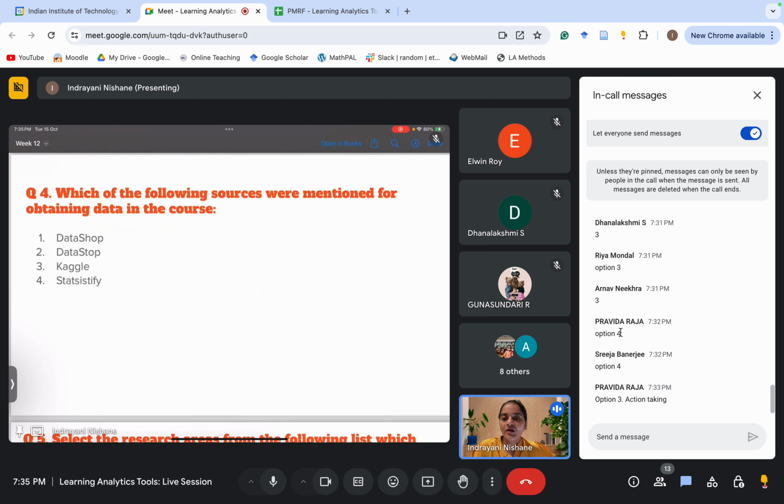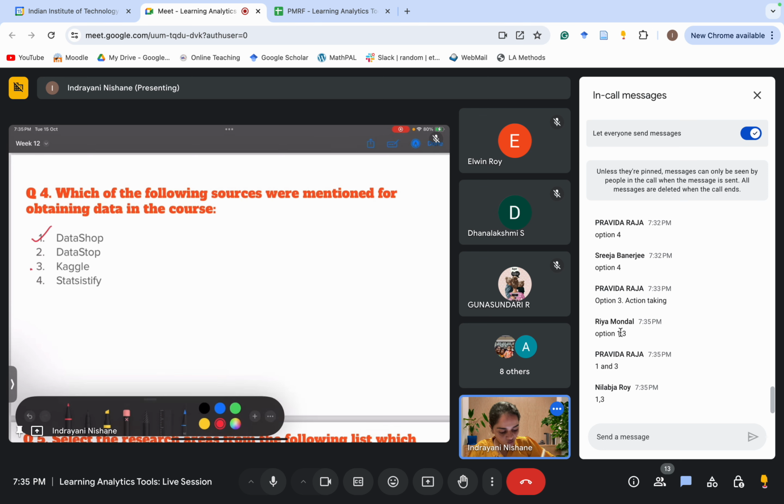Now, question 4: which of the following sources were mentioned for obtaining data in this course? I have not included this in our slides in the beginning, because that is already part of the lectures this week. Mostly all of you have given correct answers in the chat box: DataShop and Kaggle.